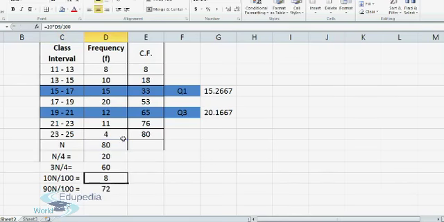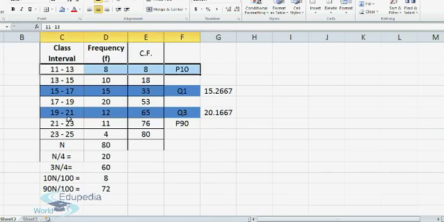So my P10 class falls here, and 72 falls here, so this is my P90 class. Let me give them a different color just to differentiate.